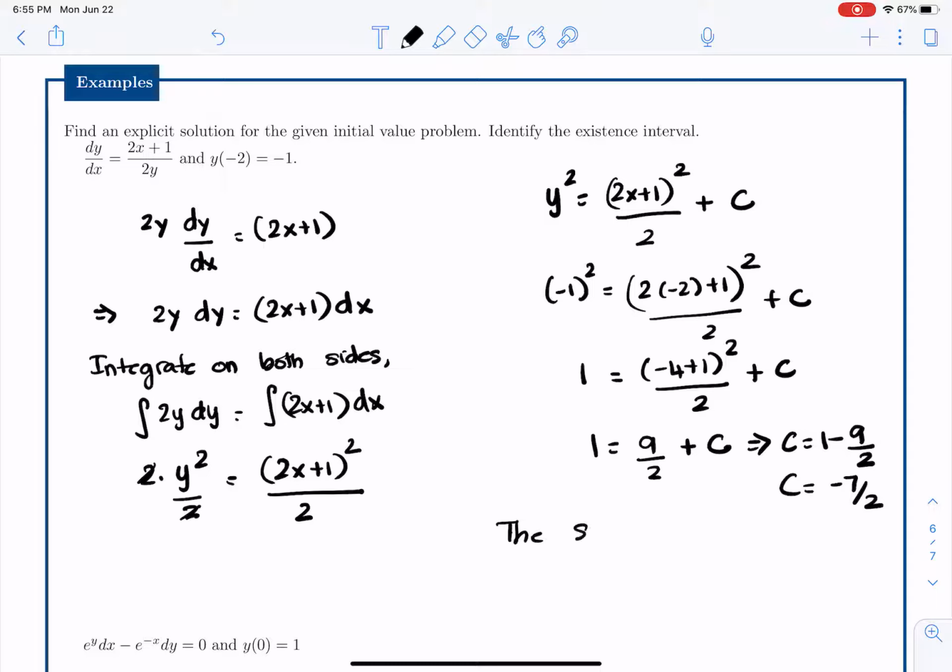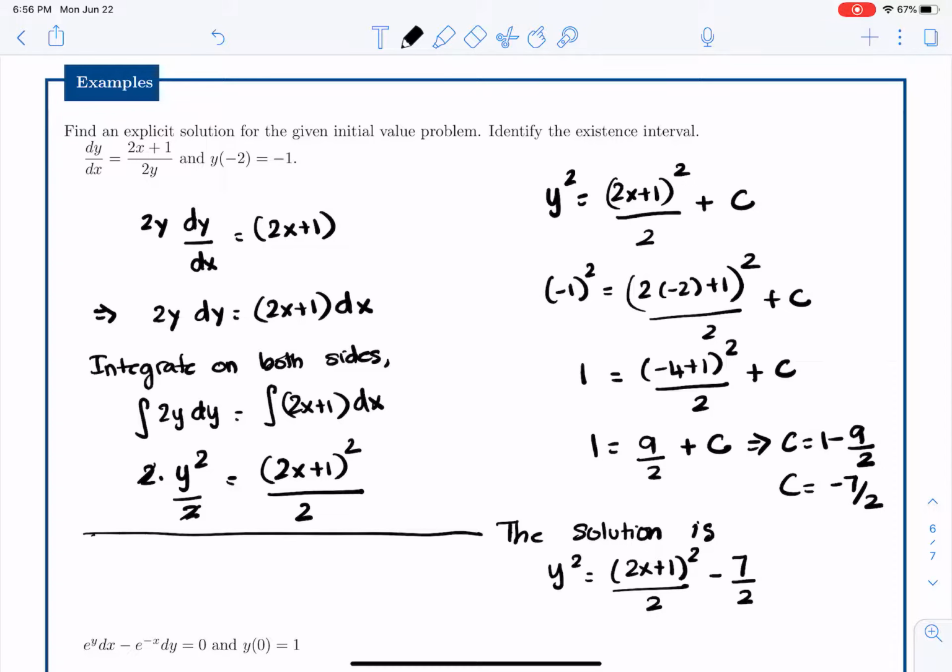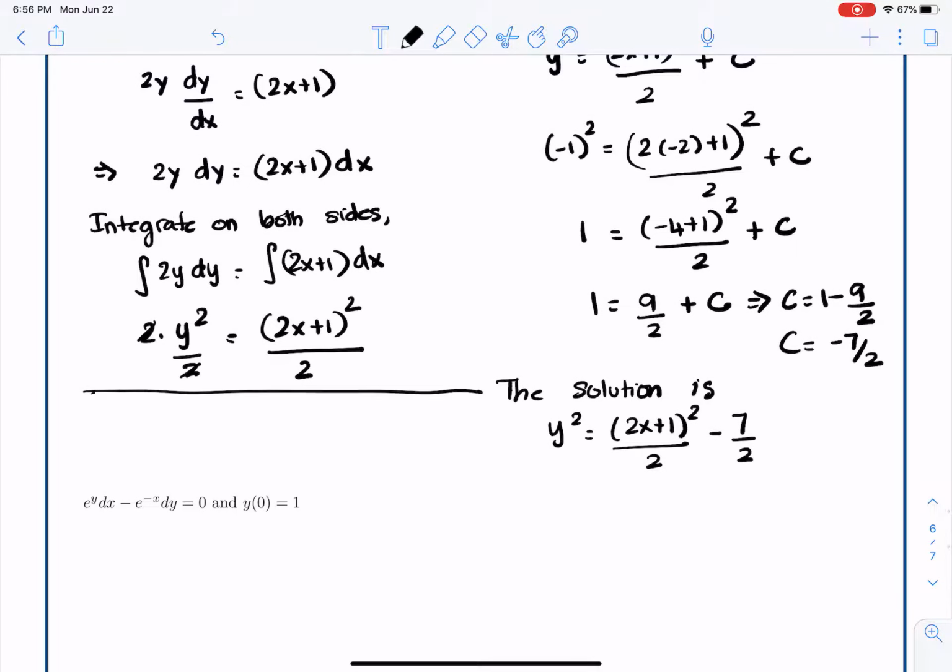So the solution is y squared equals 2x plus 1 squared over 2 minus 7 over 2. Which would imply, I guess I'll write it over here, y is equal to the square root of that.